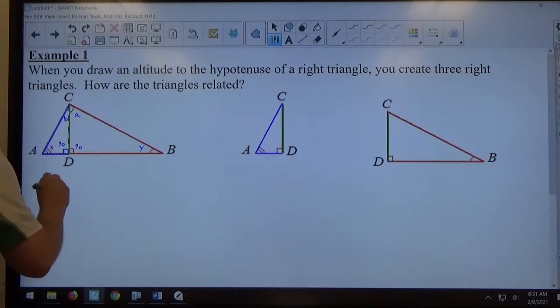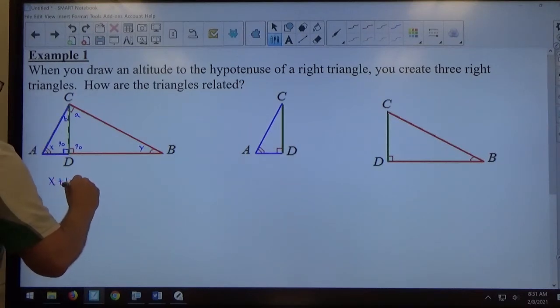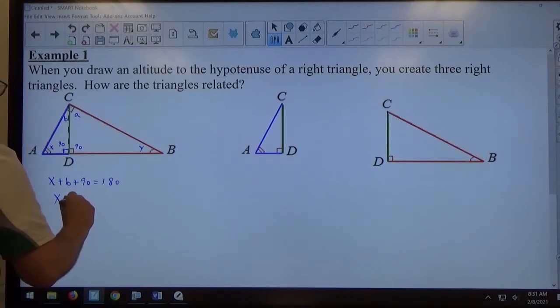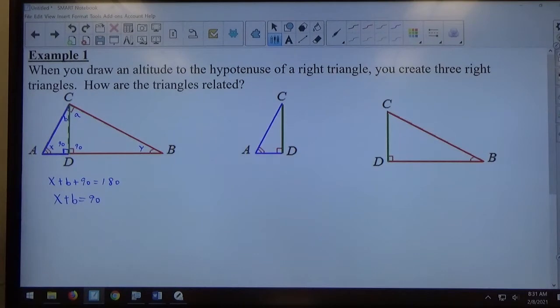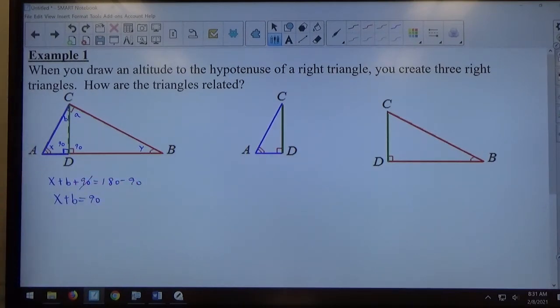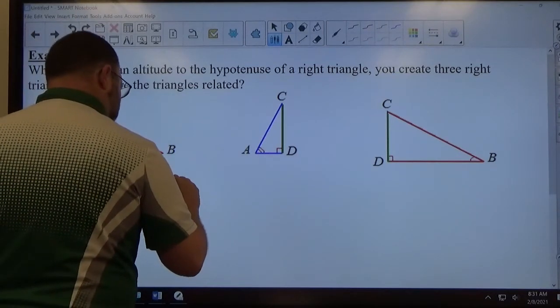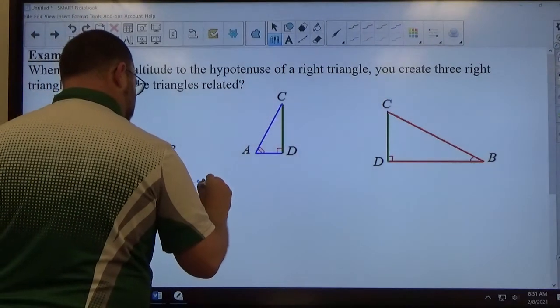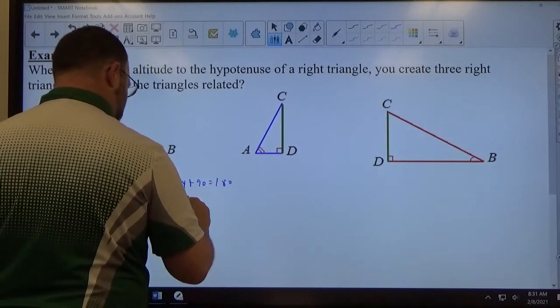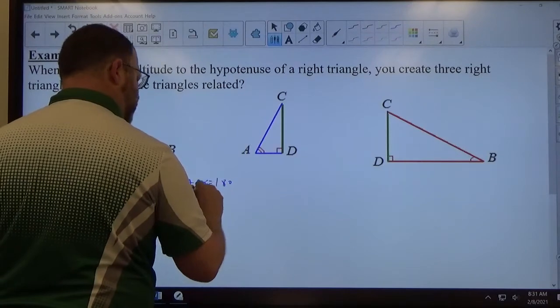So X plus B plus 90 is equal to 180. That means that X plus B has to equal 90, if I move the 90 to the other side. And A plus Y plus 90 is equal to 180, which means that A plus Y has to be 90 if we move the 90 to the other side.